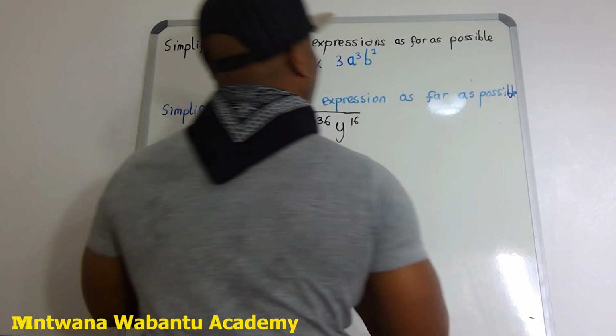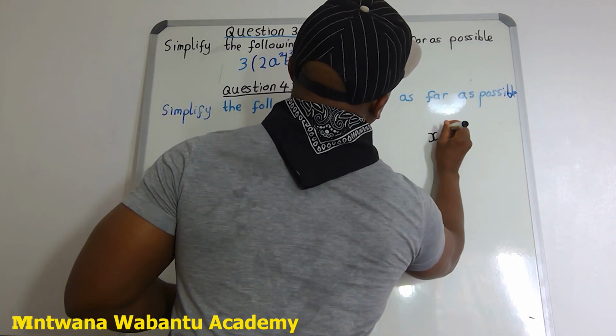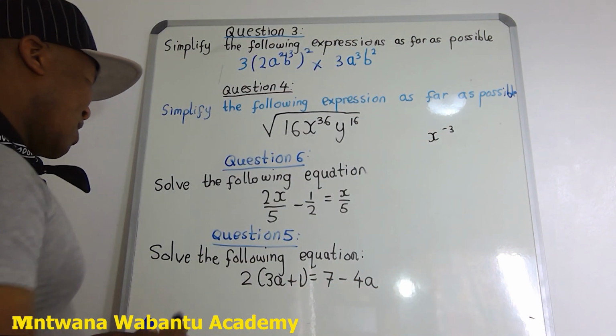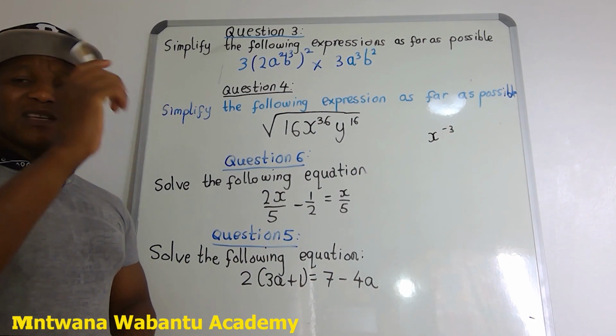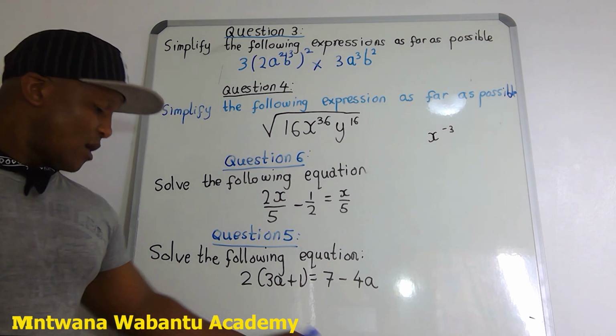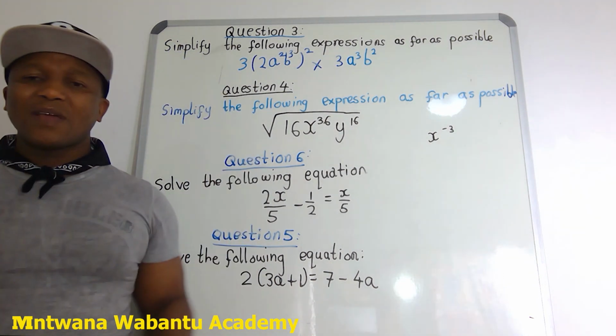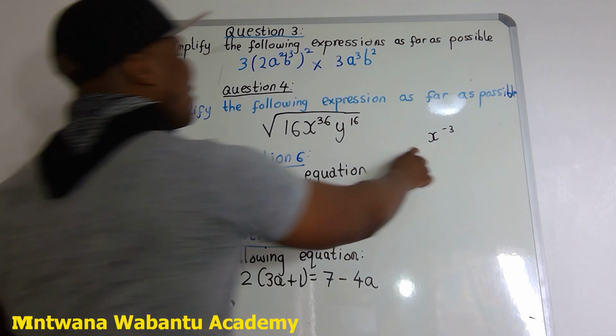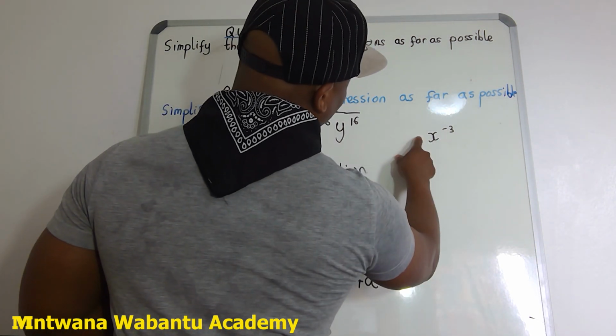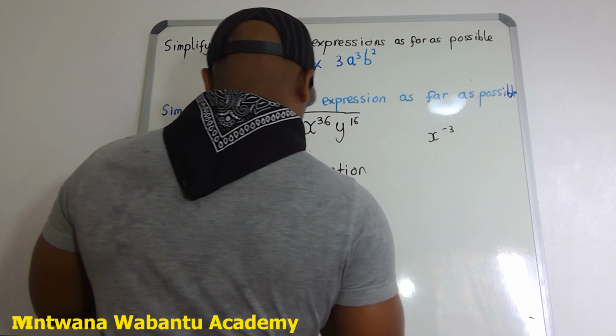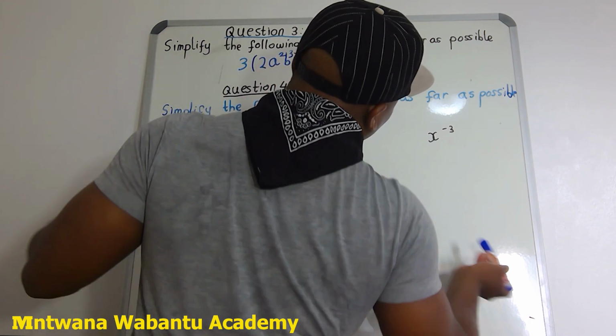Okay, if somebody gives you, let's say, x power negative 3. Let me ask something. If you have a pen, how many pens is this? It's 1. You don't have to say 1 pen, but it's 1. So when you say x power negative 3, which number is here? There's a 1 here. If there's no number, like when you say orange, it means 1 orange.